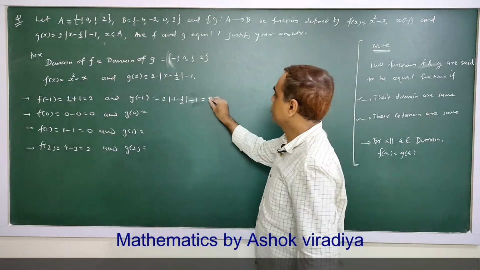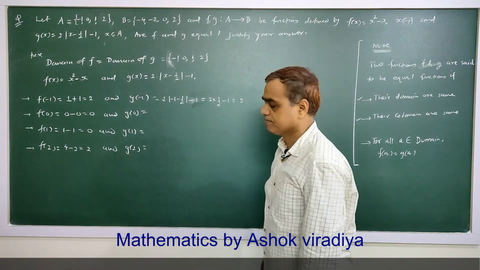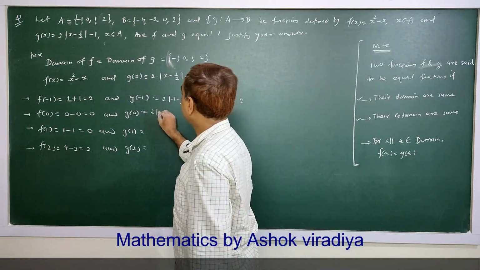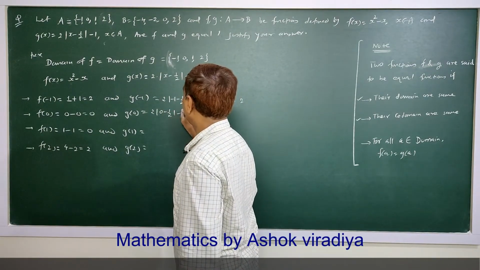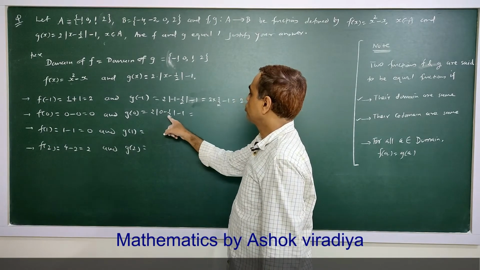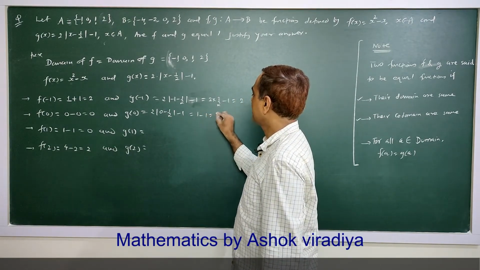So this is 2 times 3 by 2 minus 1, so it is 2. g of 0, put 0 here. So 2 times modulus of 0 minus half, minus 1. So this 2 will be cancelled. Modulus of minus 1 is 1. So 1 minus 1, that is 0.